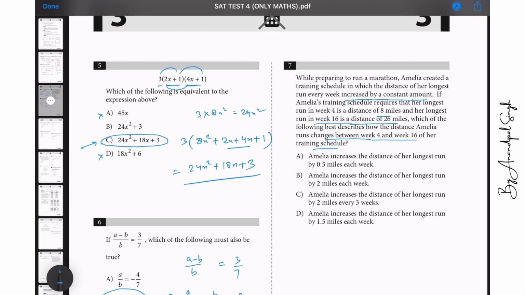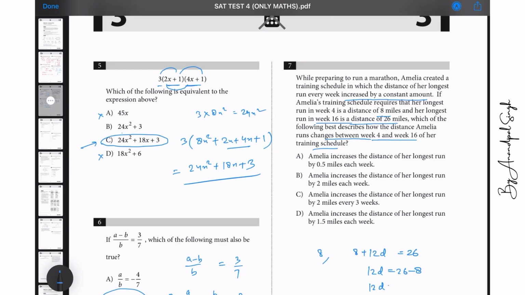So let us suppose that in week 4 she has 8, and week 16 means she has increased by 12 times, that is 12 equal distances. So this should be 26. It means 12D should be equal to 26 minus 8.